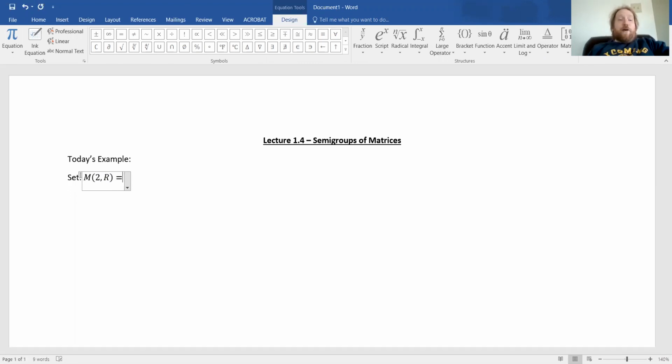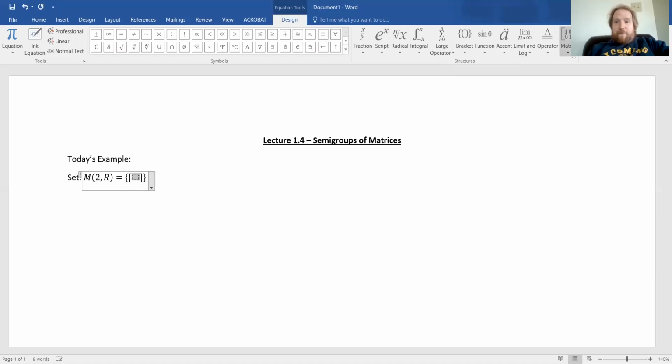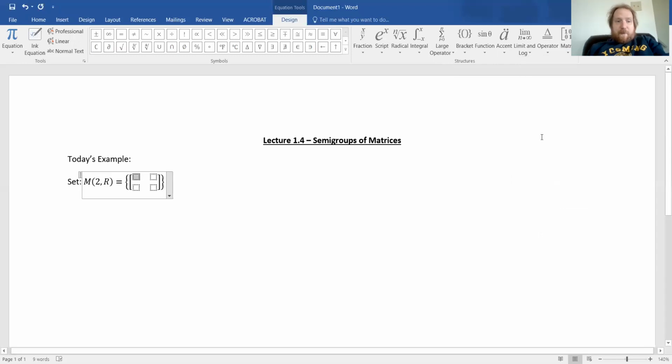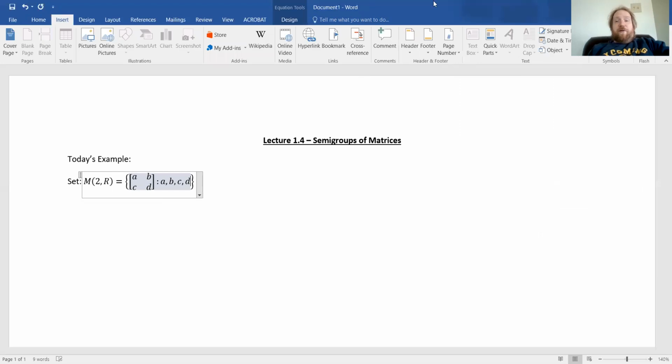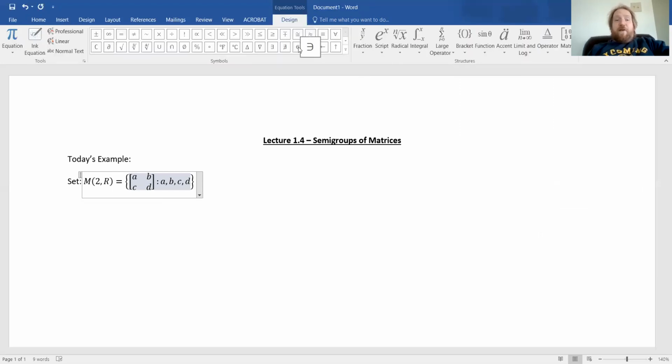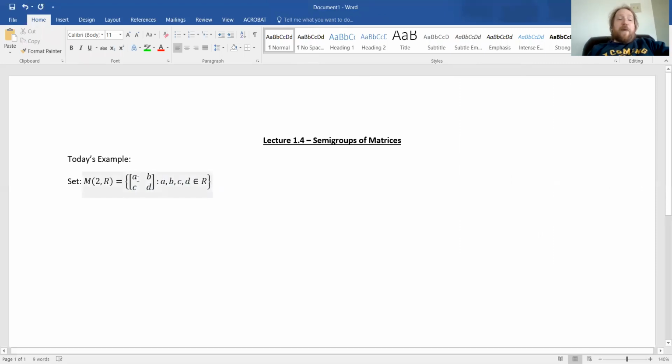So M2R, if we define this, is going to be the set of all matrices of the form ABCD such that A, B, C, D are all members of the set of real numbers. So this is the set of 2 by 2 matrices, entries all in real numbers.